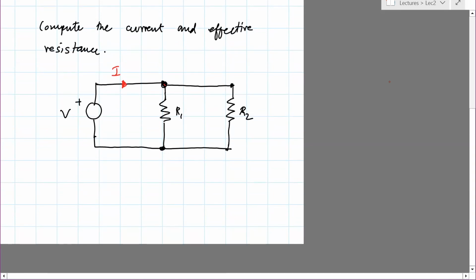Just for convenience, I assume this direction for I2, and this direction for I1. So I2 will flow here, and I1 will flow this way, and it'll come out here. And there's going to be I, which you'll see is the sum of the two currents when you use KCL.